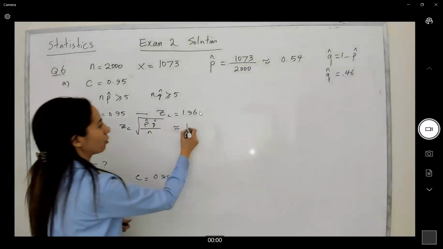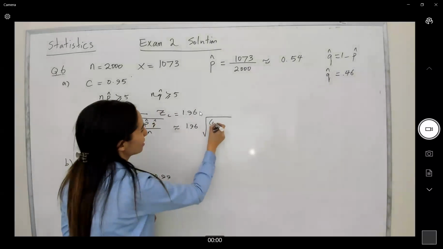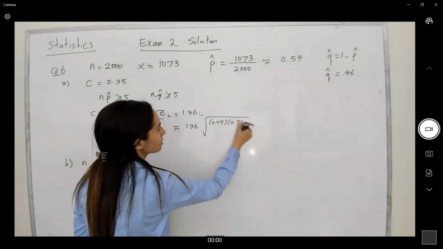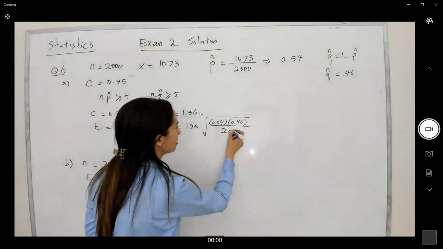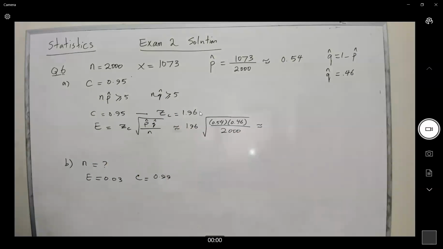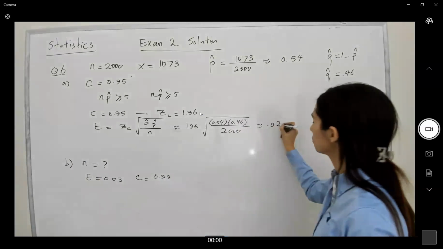Approximately, it is 1.96 times square root of 0.54 times 0.46 divided by n, which is 2,000. So what is our margin of error? 0.02, thank you.